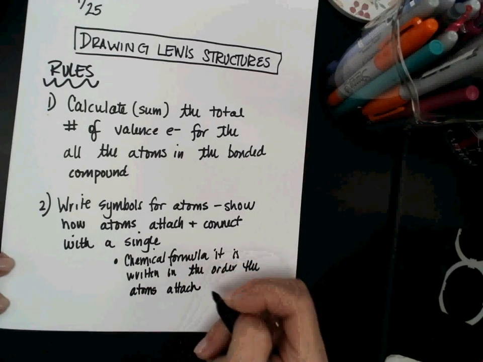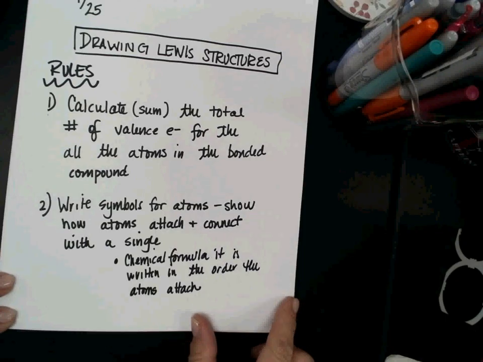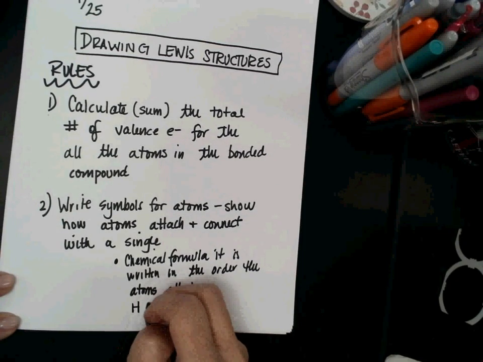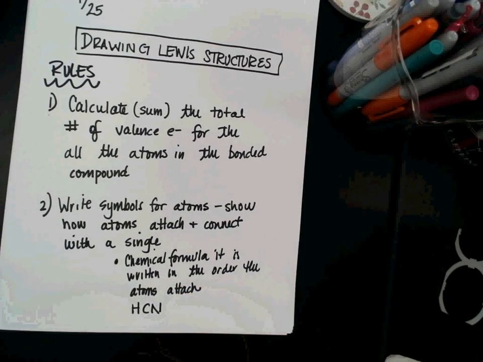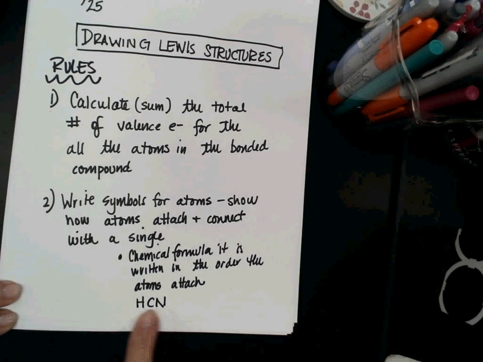Then we have to remember certain things. You know, like carbon has 4 sites for attachment, so it makes sense for it to be a central atom. You have to remember things like that. If I look at an example here, HCN, my atom in the middle is carbon, so it's telling me that my carbon is bonded to my H and my N. This formula is written in the way that I would draw this formula.